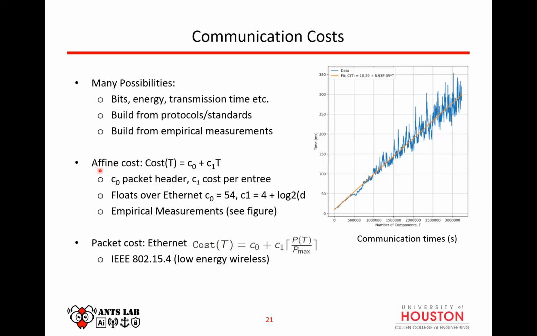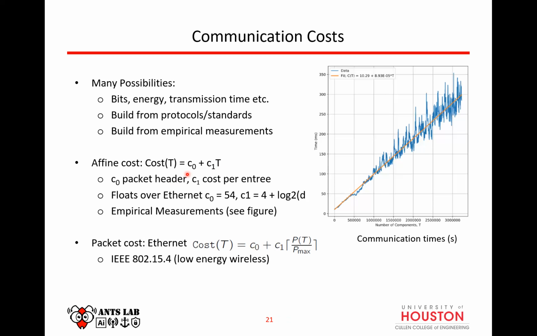And in terms of defining the cost, there are two ways that they define. One is the affine cost, which would just be C0 plus C1 times T, where C0 can be looked at as your packet headers, and C1 will be your cost per entry.